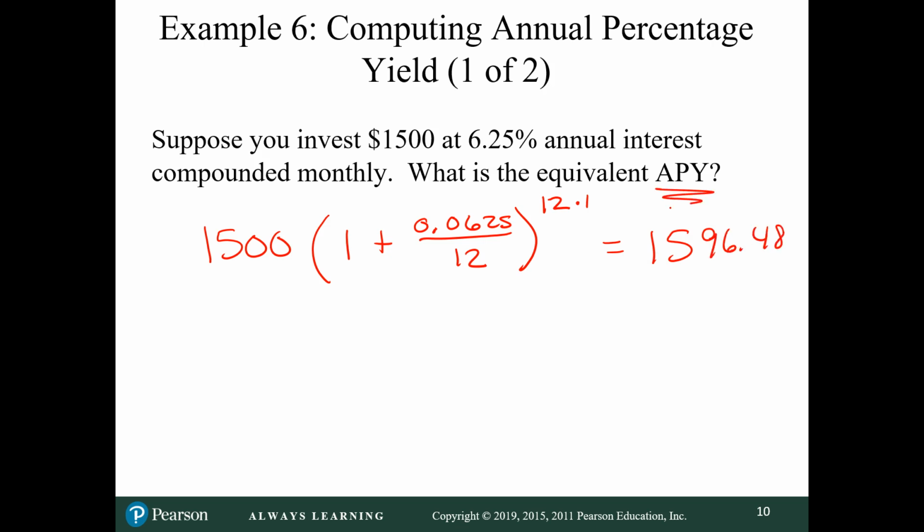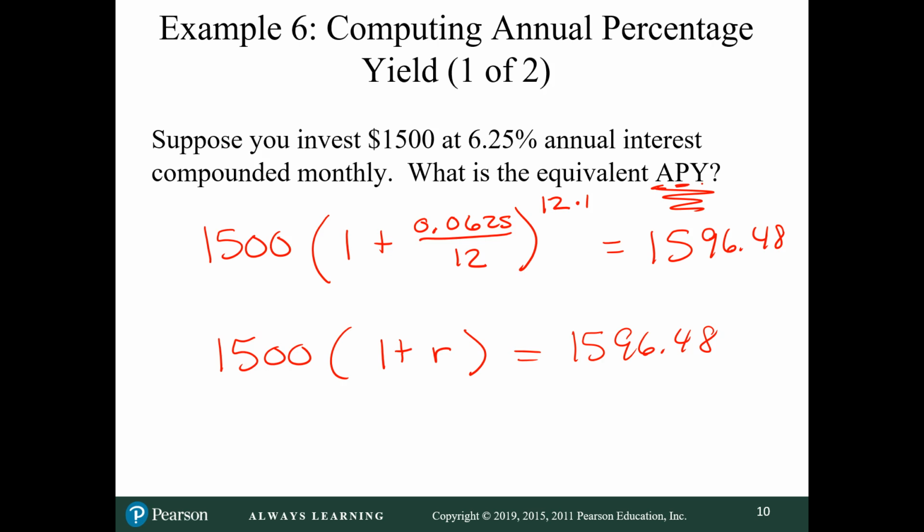So then to figure out the APY, you go 1,500 times 1 plus the rate to the 1 power, so it's really 1 plus the rate, equals 1,596.48. Okay? Because we want to figure out what is their actual rate if it was compounded yearly.